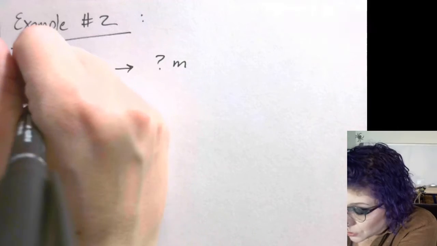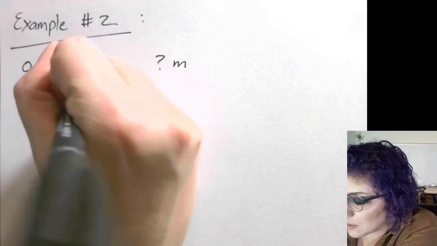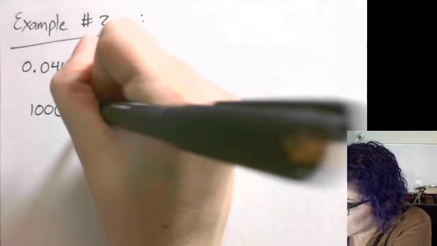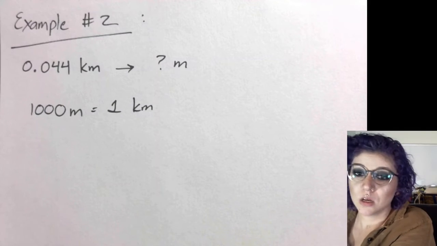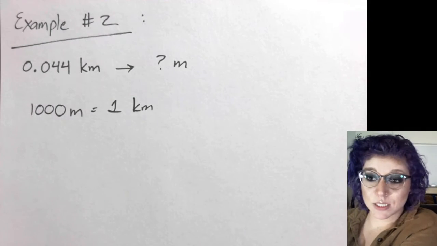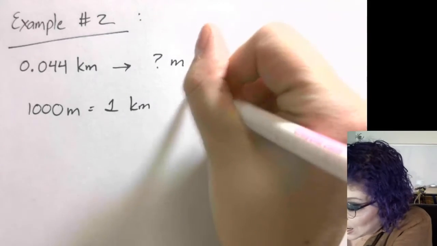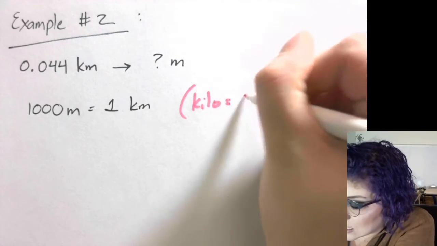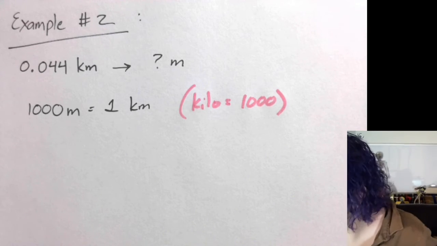So I know that there are 1,000 meters in 1 kilometer. So y'all, in this case, this is a conversion factor, an equation I will not give you. I need you to know that kilo means 1,000. So 1,000 meters in a kilometer.